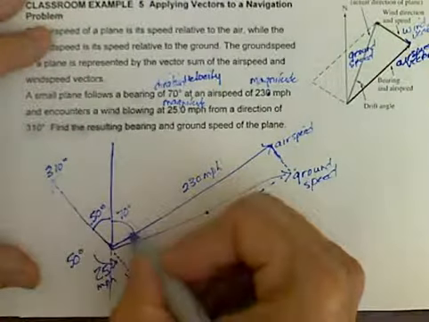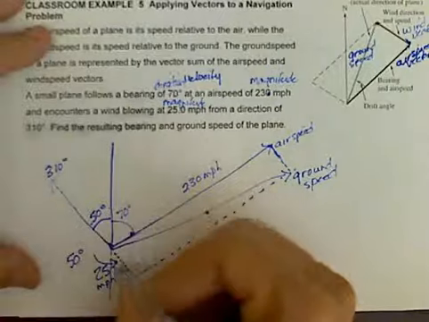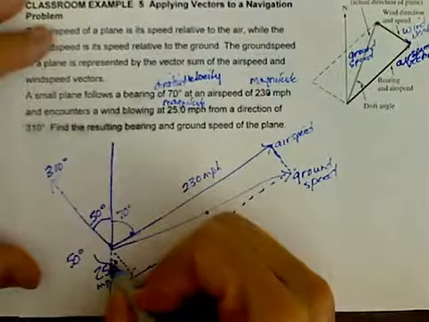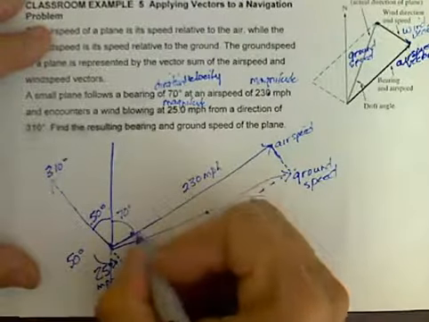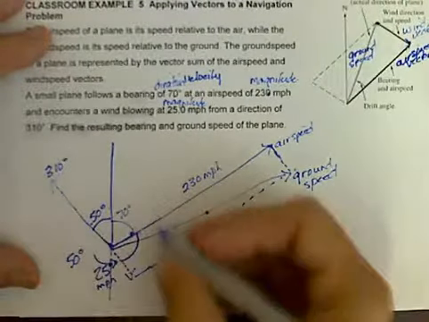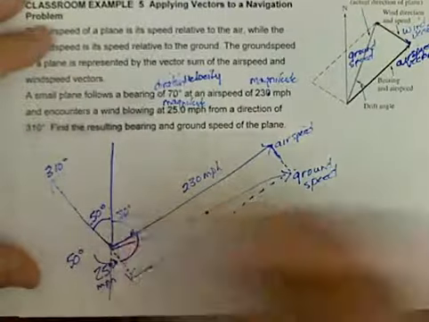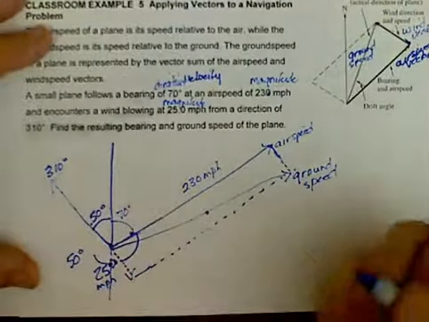And then we know that this angle is 70 degrees. From here all the way around to here is a full 180 degrees. So to find this angle of the parallelogram right here, we want to take our 50 and our 70, add those together, and then subtract that from 180.